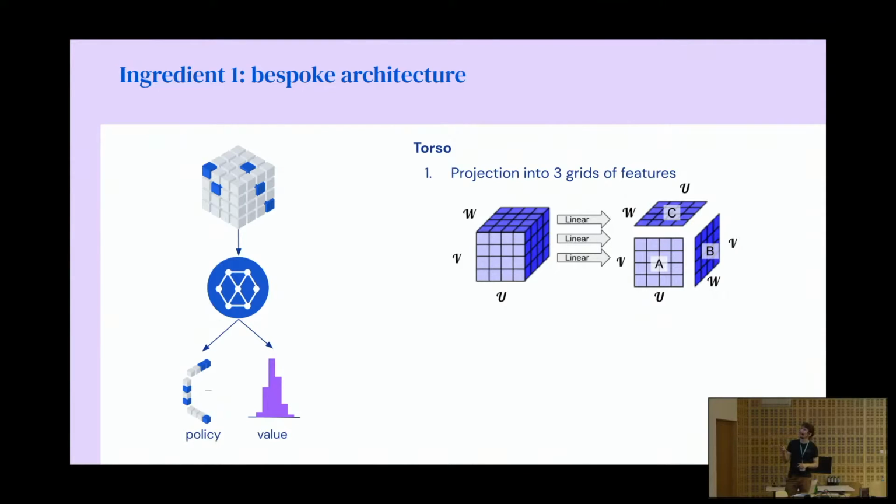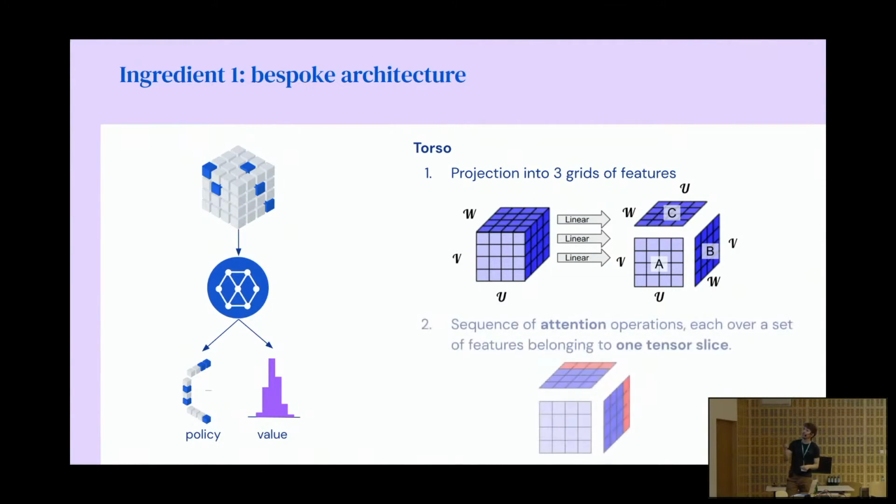These matrices will still be 3-dimensional because they're matrices of embeddings, but intuitively they represent 3 different projections of the 3-dimensional tensor into 2D matrices. Then the main crux of the torso, the common part of the architecture, is a sequence of attention operations.